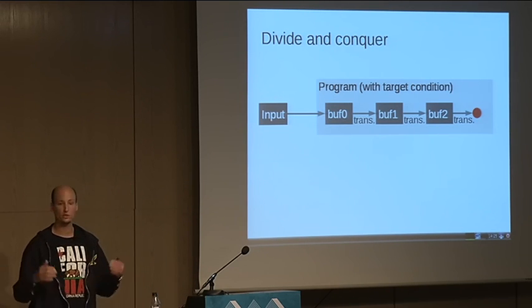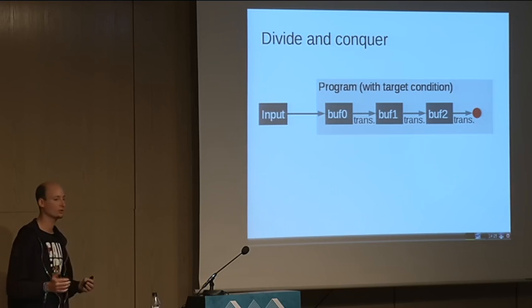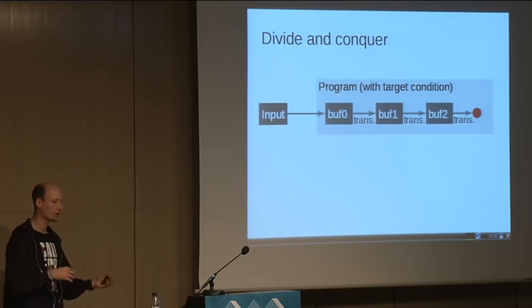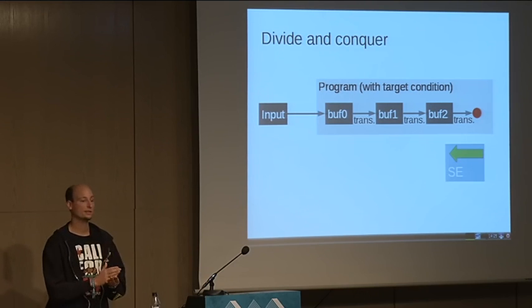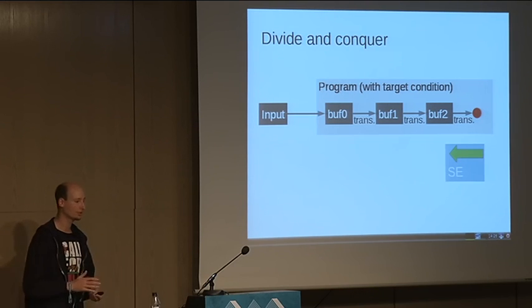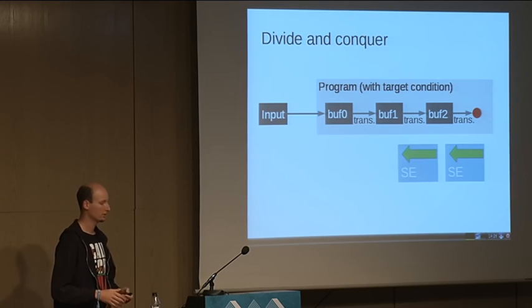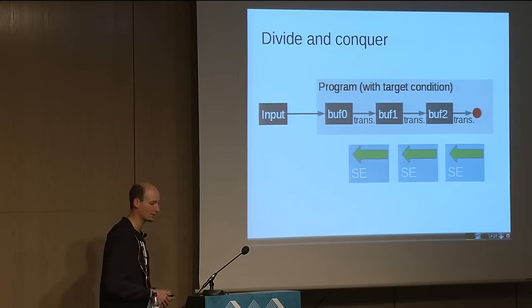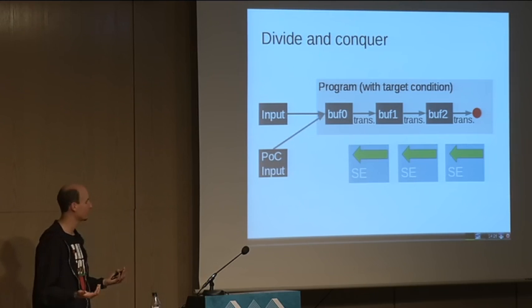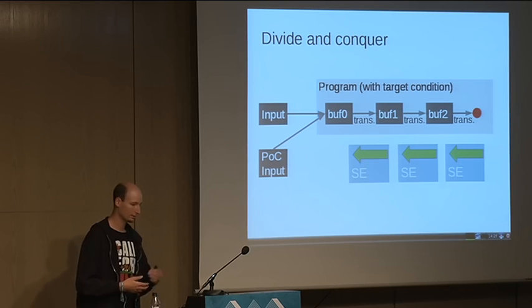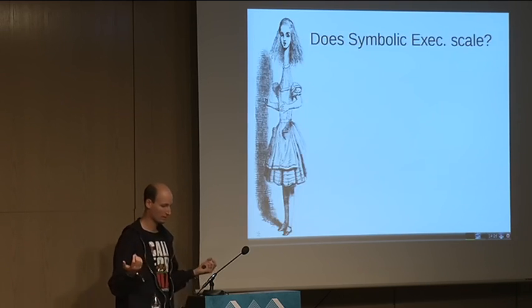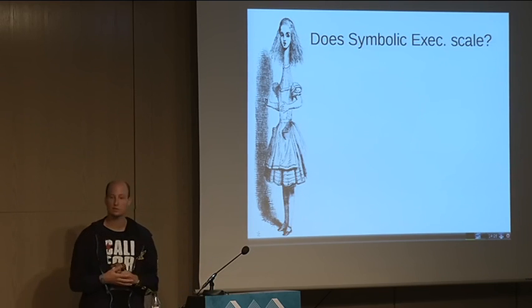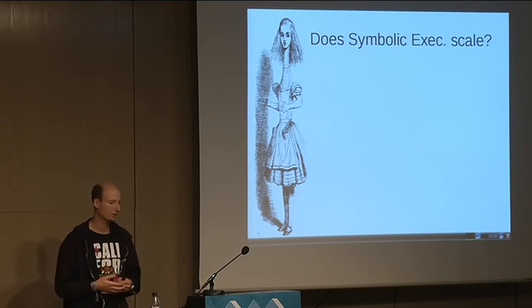So now, instead of using one big chunk of symbolic execution to compute a pre-image in one go, we use several chunks of symbolic execution and concretize the values at each decision point that we figure out. So we use several steps of symbolic execution to compute the pre-image in the end and solve this problem.